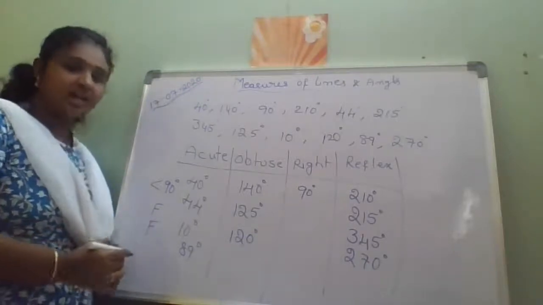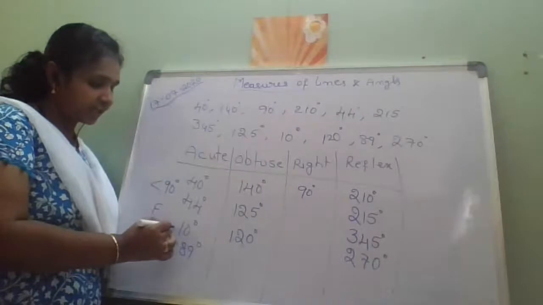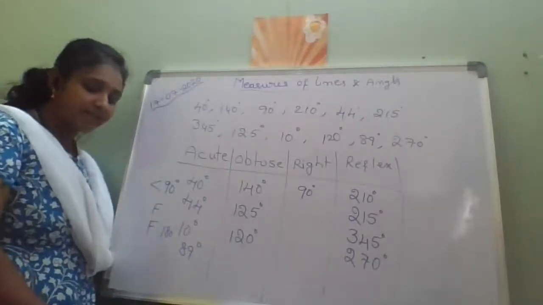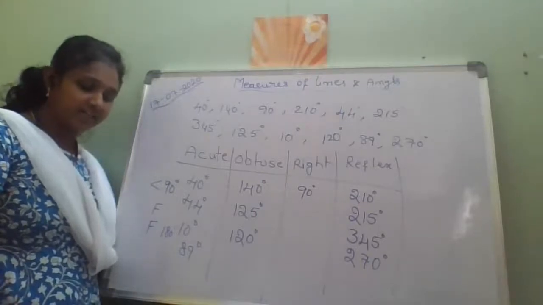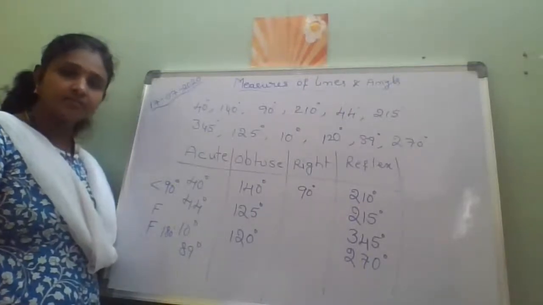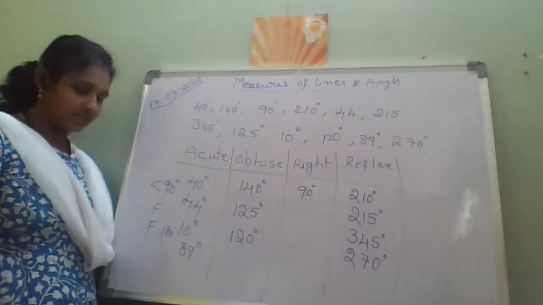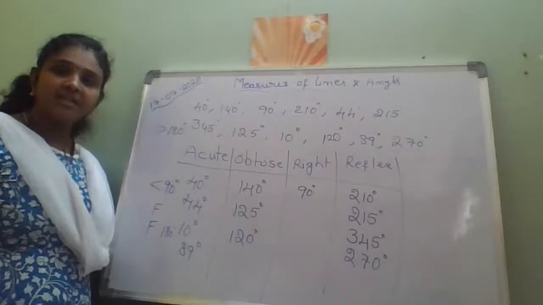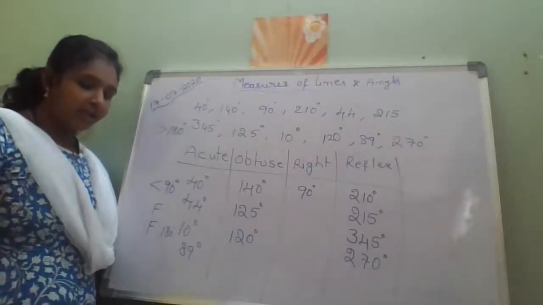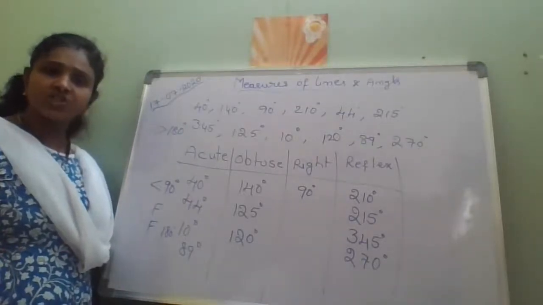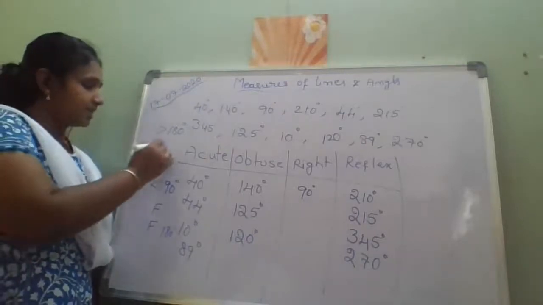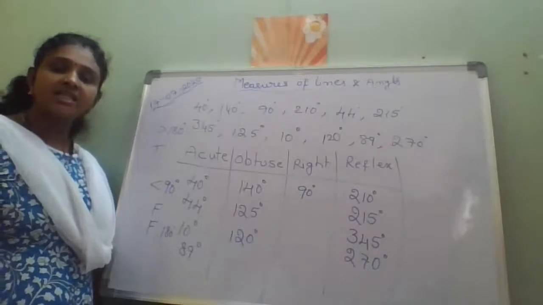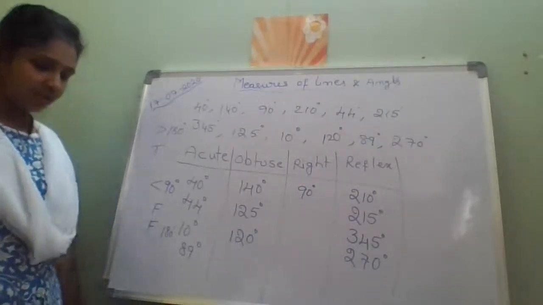False, a straight angle means 180 degrees. A measure greater than 180 degrees is a reflex angle. Yes. A complete angle measures 360 degrees. True.